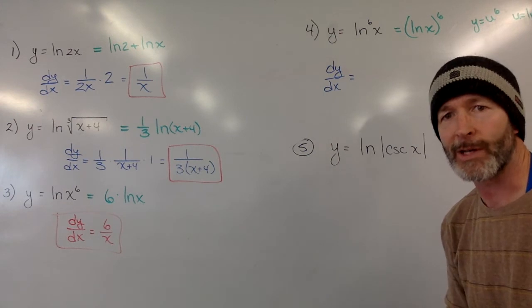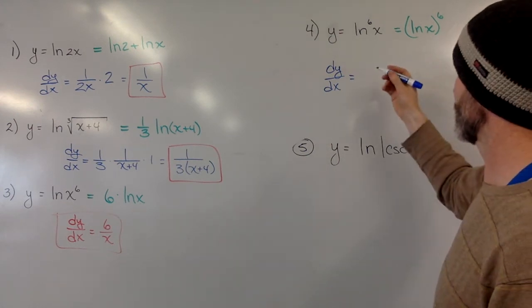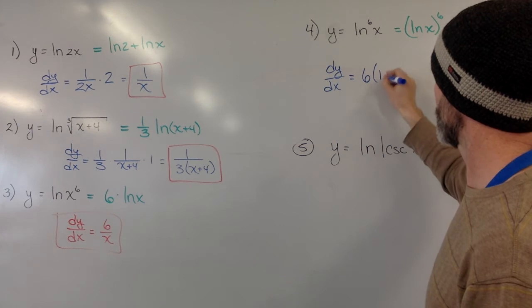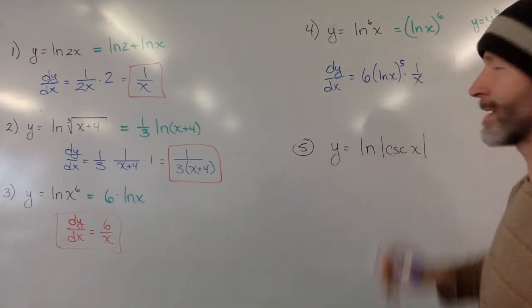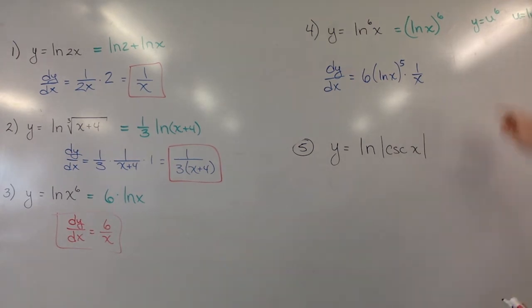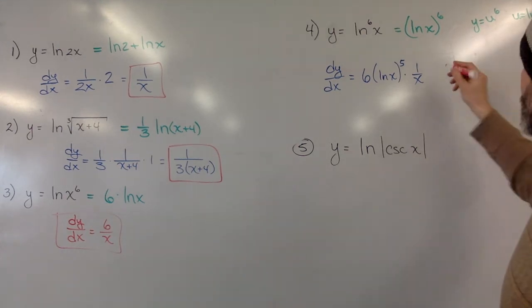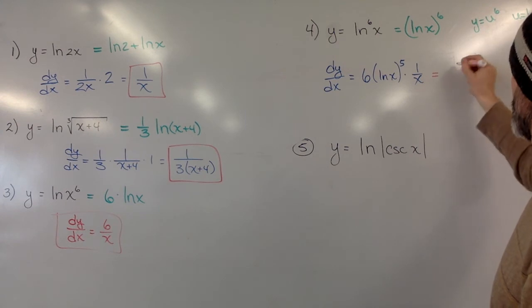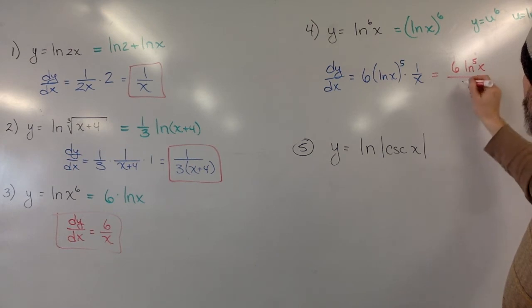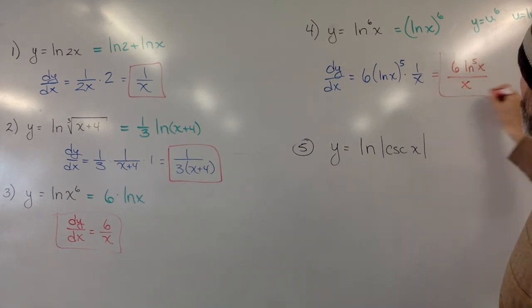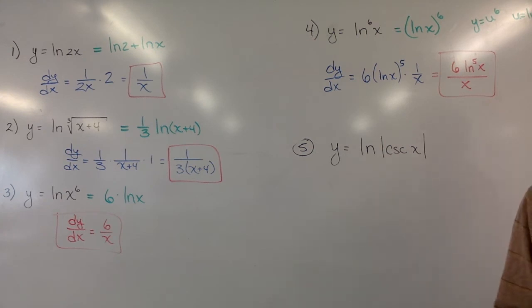Okay, I'm going to kind of shortcut this and say I'm taking the derivative of my outside function times the derivative of my inside function, which is what I would get if I took the derivative of u to the 6th and the derivative of the natural log. Am I done? Well, pretty much. That's a nice way of writing it, and hopefully that works out pretty well.